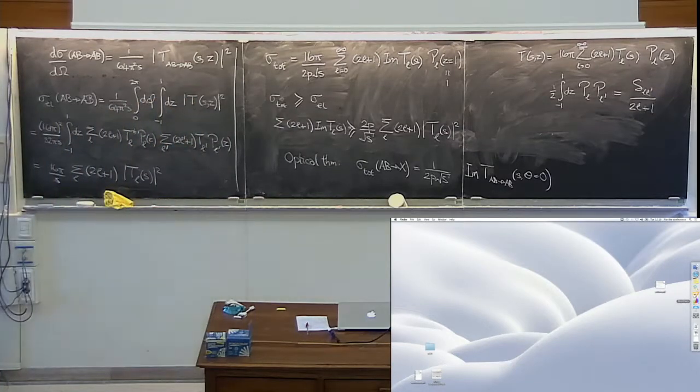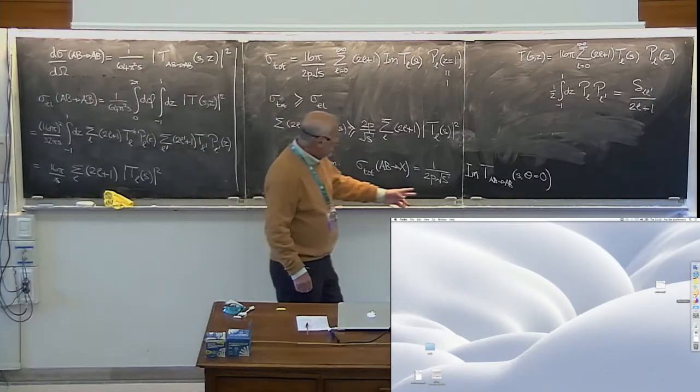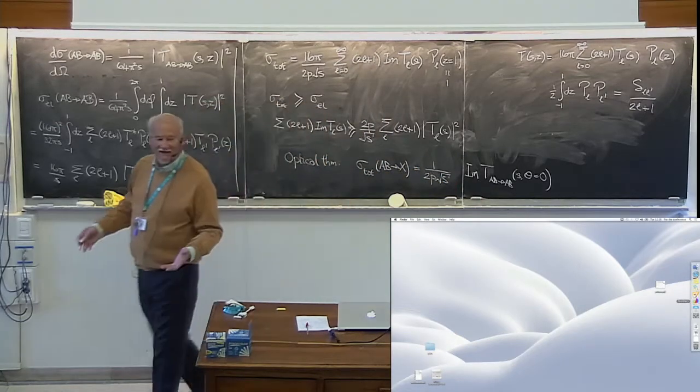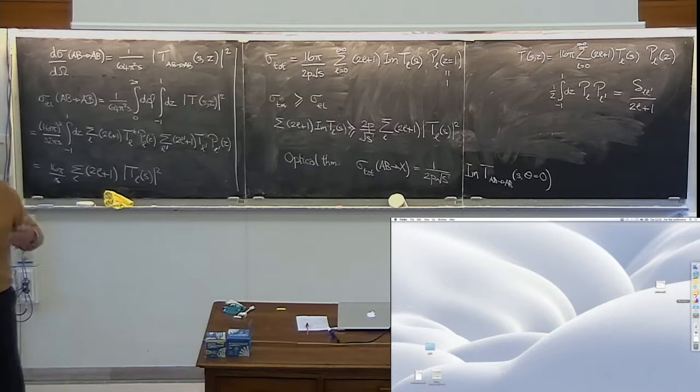Okay. Now, one very important thing that follows from here is that though amplitudes are complex, so they can have not only real and imaginary parts, but the real and imaginary parts in principle can be positive or negative.